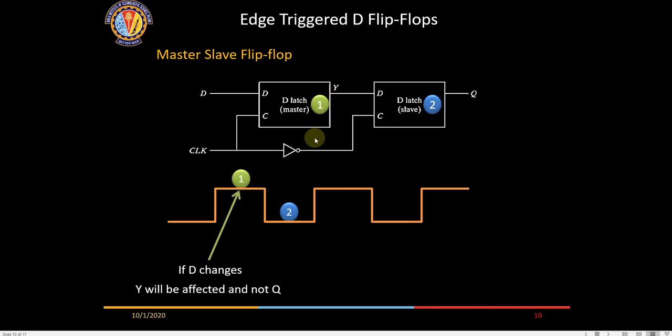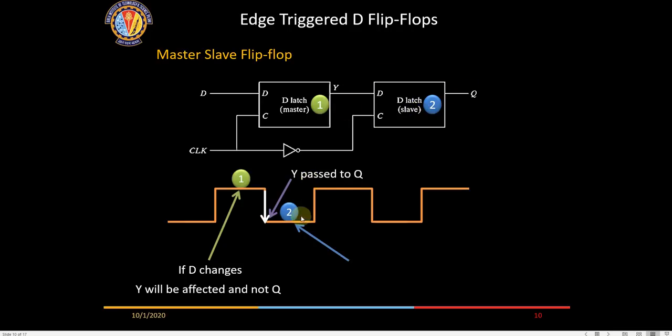Q is stable. So when the clock is going from low to high, whatever is the last D available at that time, since the clock bar is going low, that data will be transferred to the latch during this time.